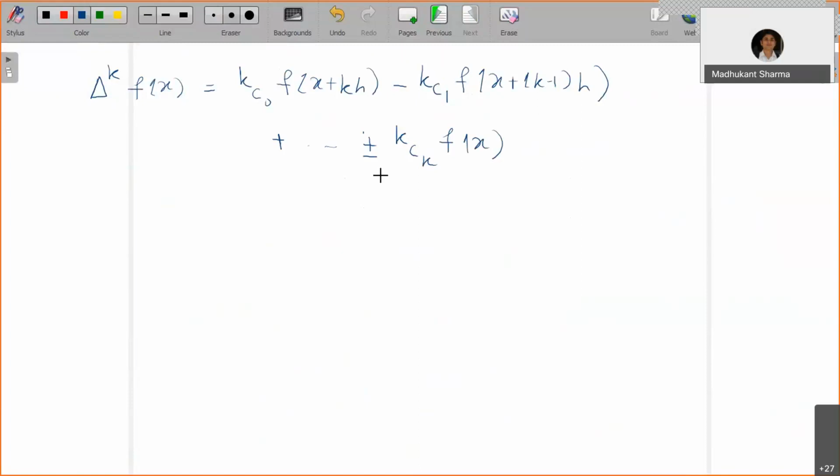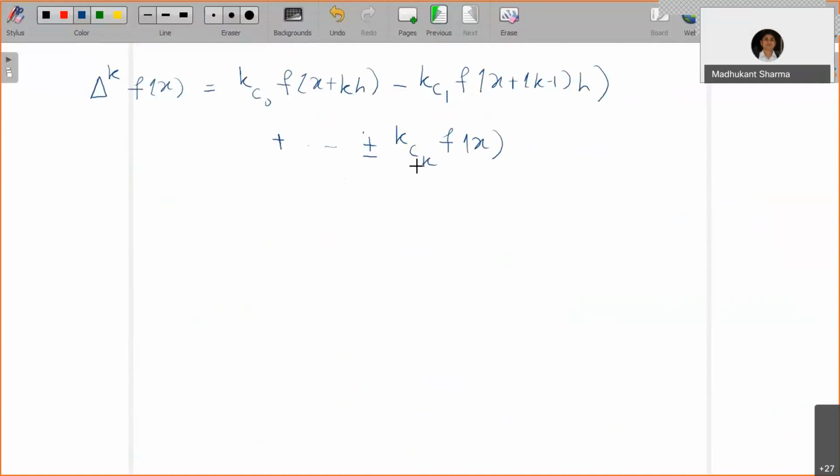This plus or minus depends on k: if k is odd, it will be minus; if k is even, it is plus. A little later we are going to find an alternative way to get this expression as well.